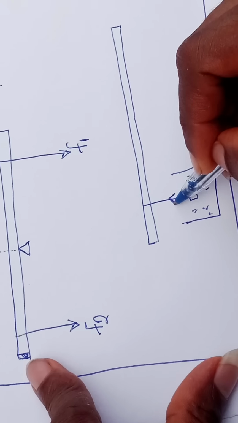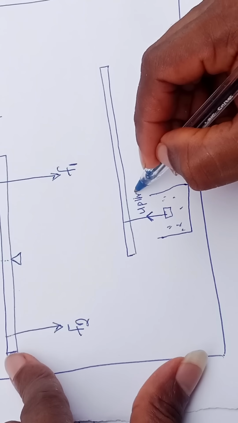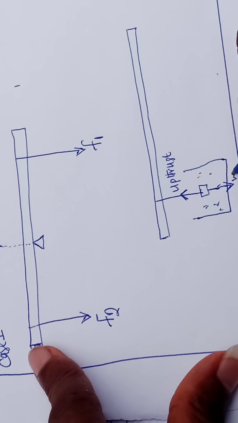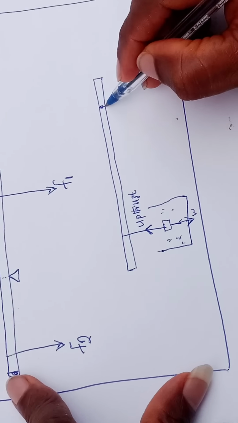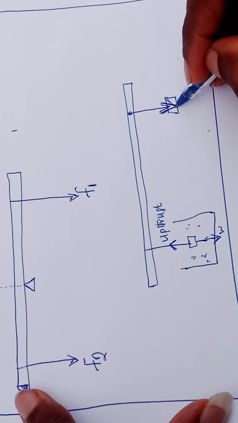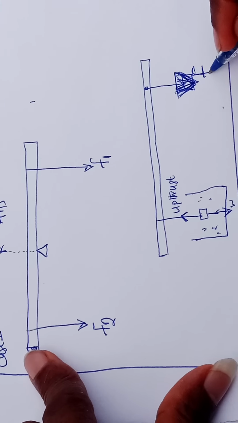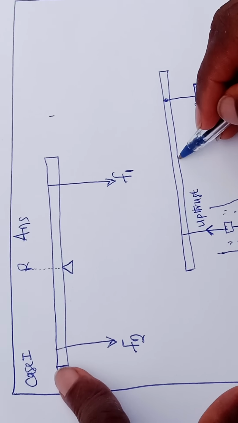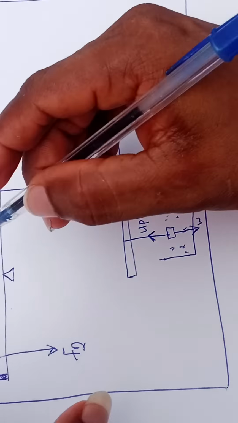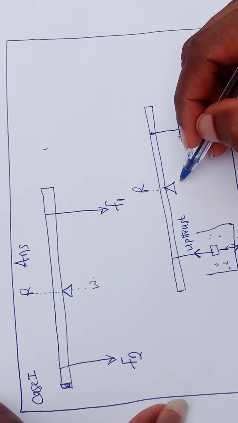I'm going to have an upward force here, which is the upthrust, and I have this as the weight. Then this one is the F1, right? So this is exactly what I'm going to draw. If you like, you can put the weight of the meter rule.